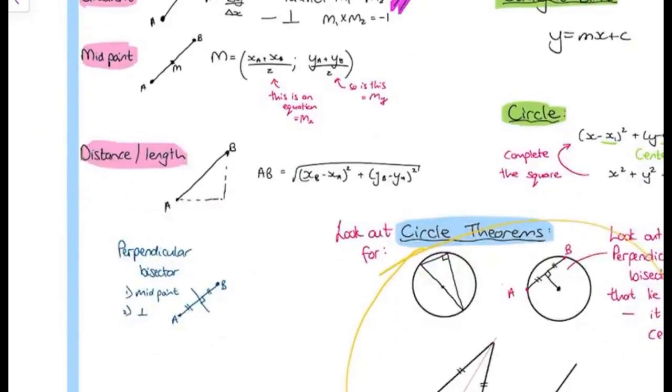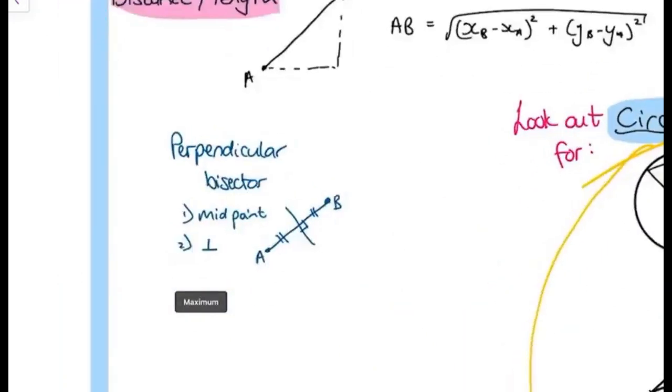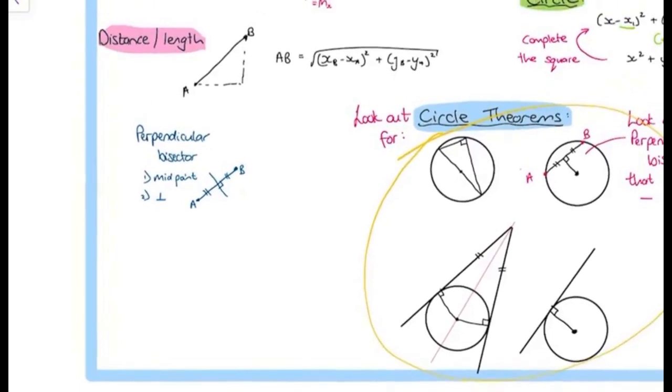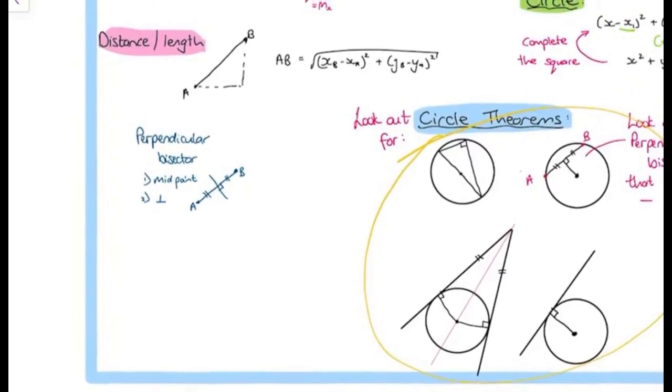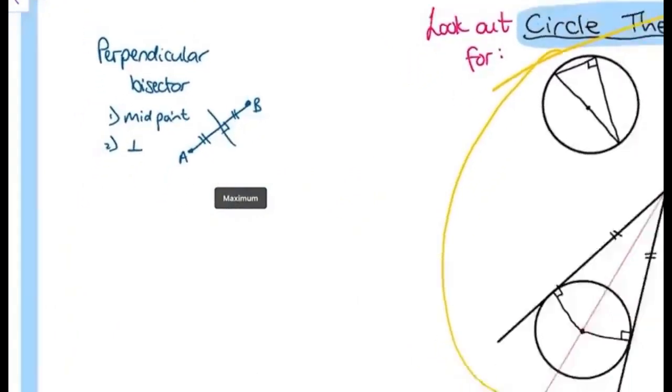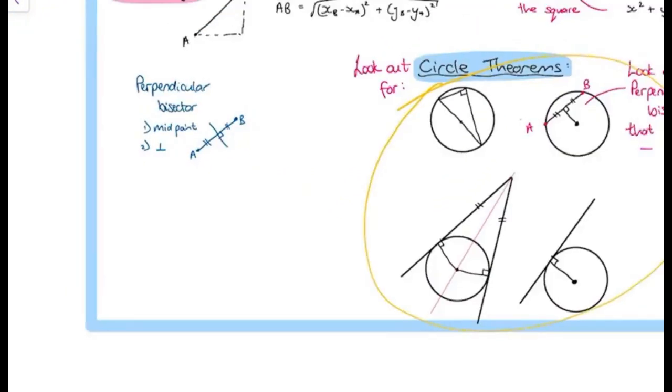And then I've just made a note here of a perpendicular bisector. So if you need to know the perpendicular bisector between A and B, what you want to do is find the midpoint of A and B. That's over here. Midpoint of A and B by using your midpoint theorem. Then you're going to find the gradient of A and B by using your gradient formula. Change in y over change in x. And then you're going to find the perpendicular gradient.